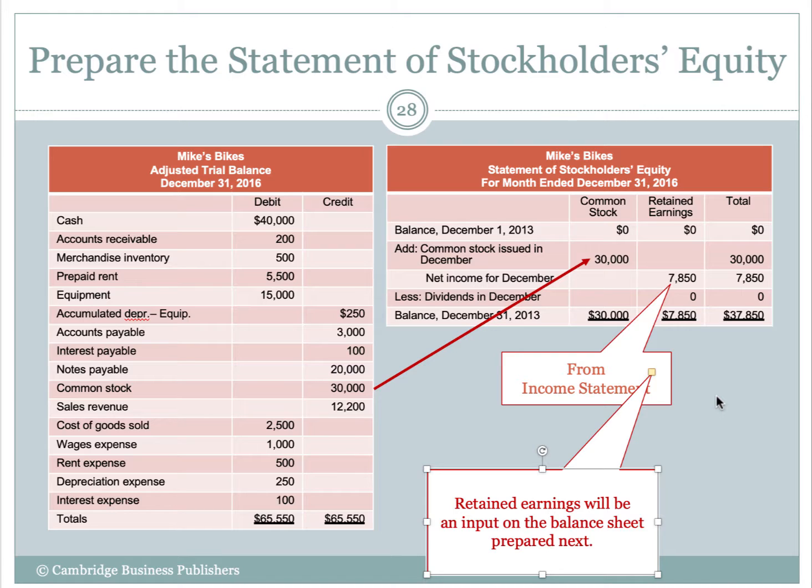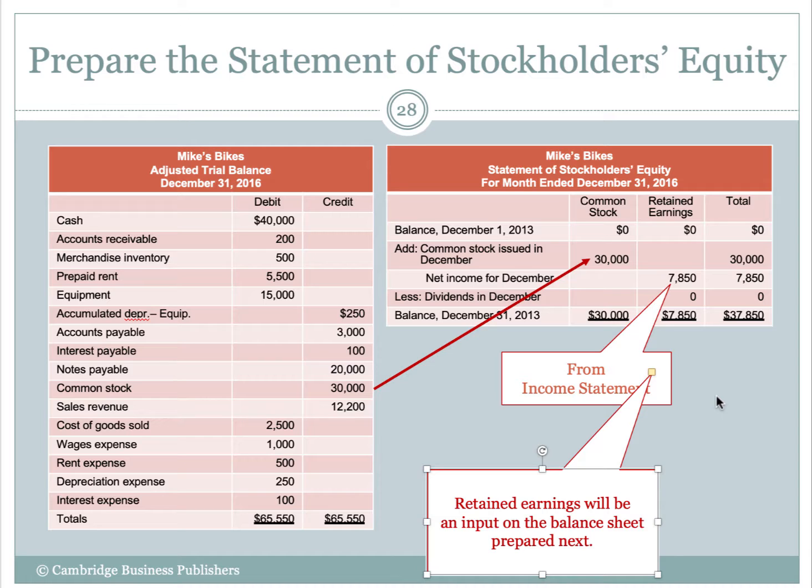Very important concept to understand that retained earnings will always either increase or decrease by the amount of net income or net loss that we have, okay? And then finally, we need to subtract out any dividend payments, right? Dividends are basically distributions of earnings to our shareholders, okay?